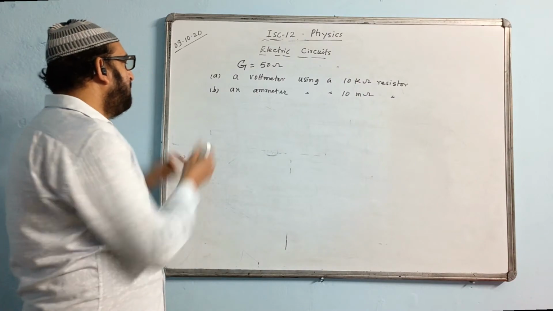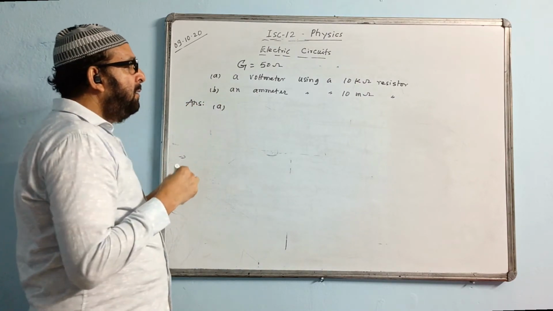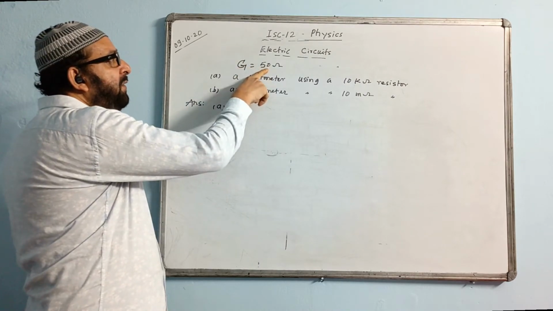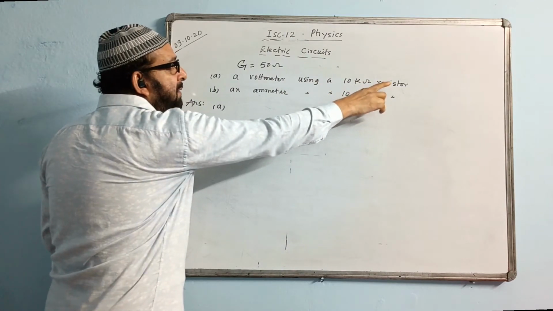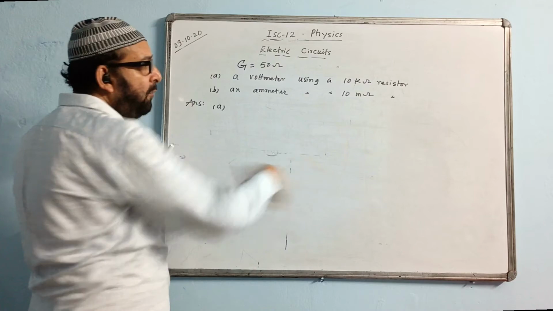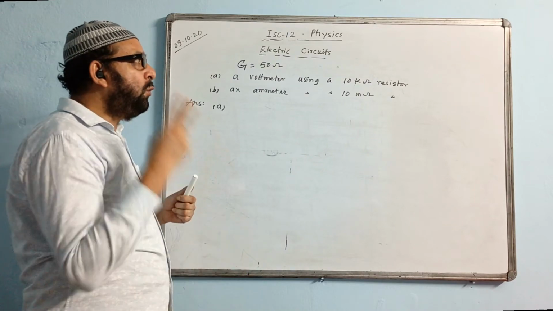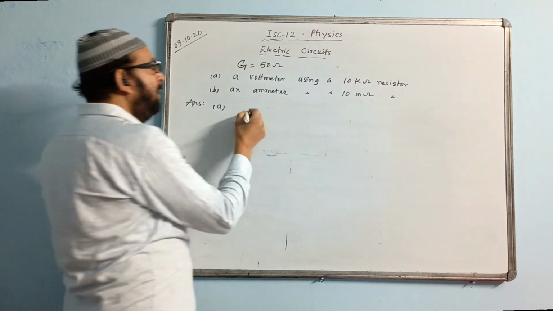Okay, now how to find the answer? Answer for A. G is 50 ohm given, and we are changing it to a voltmeter by using this resistor. This resistor must be in series, G and R, then we have a voltmeter there. Two significant figures is an approximate answer. You can write the answer now.